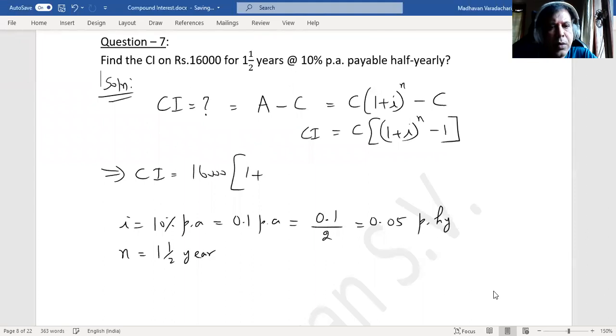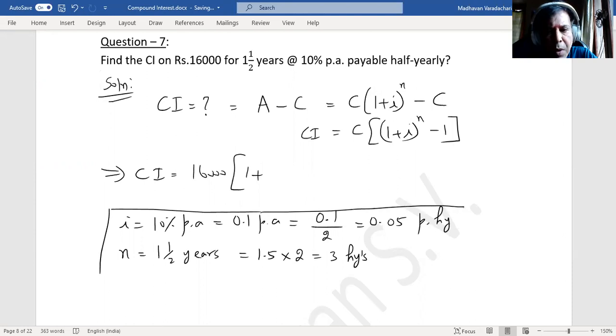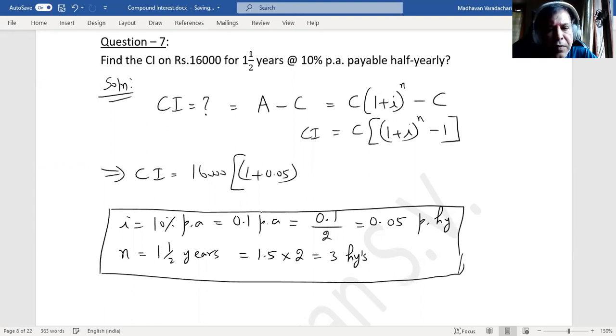In each year there are 2 half years, so I should multiply 1.5 by 2, which means 3 half years. So N is 3. We will use these values in the above formula: (1 plus 0.05) to the power of 3 minus 1.